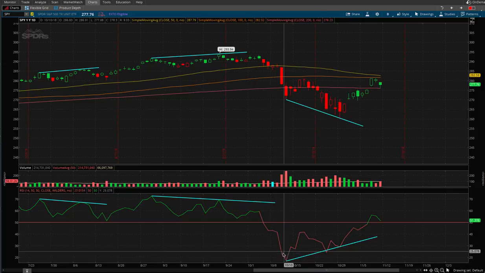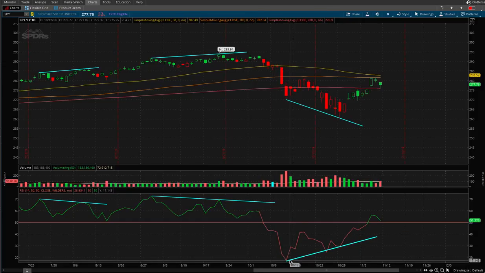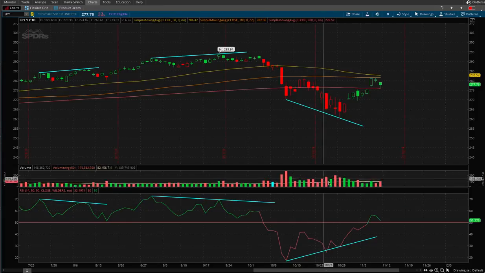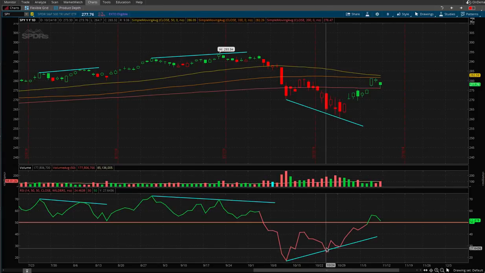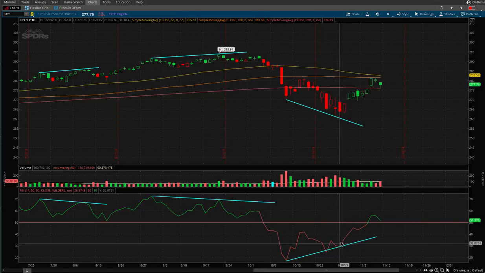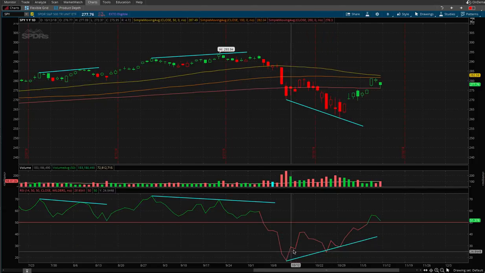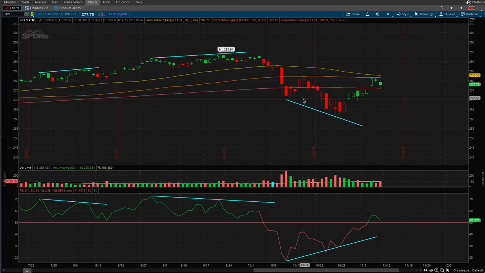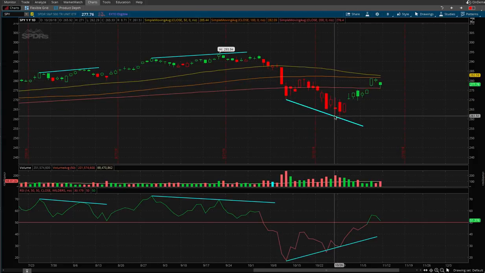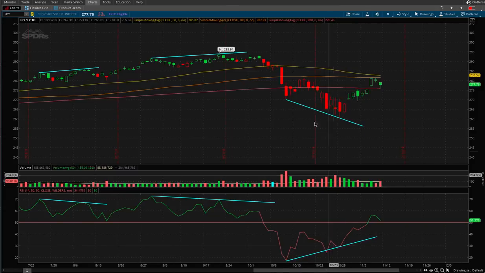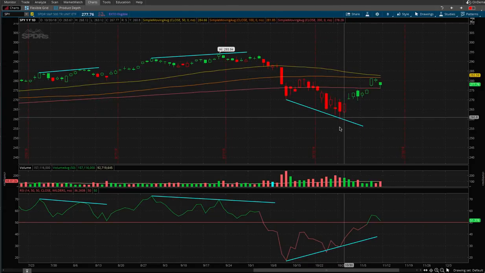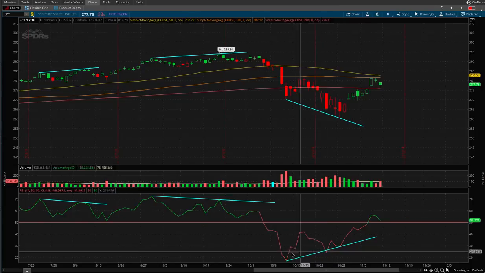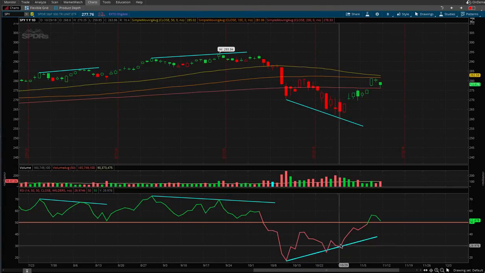RSI was telling us there was a lot of sellers there, okay? There's still a lot of sellers here, but RSI was saying, hey, they're not that strong. They're not as strong as they were, okay? So that means that the sellers are kind of getting tired, even though the stock price is still dropping. RSI is telling us our sellers are getting a little tired.